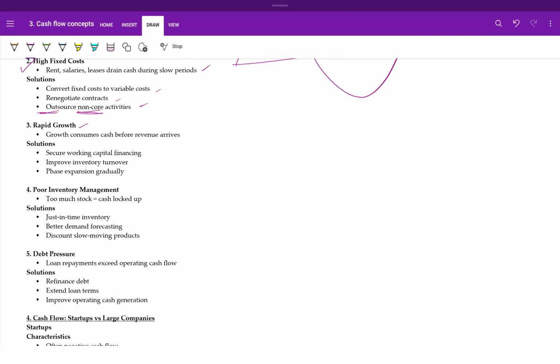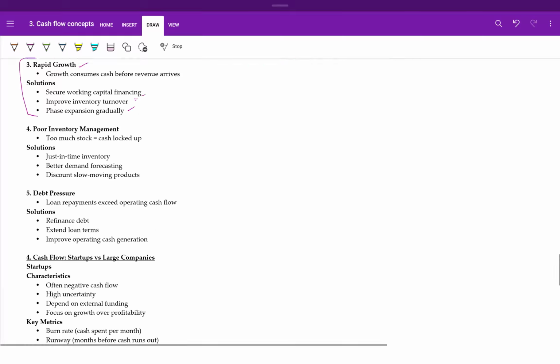And the solution here is to secure working capital financing, improve inventory turnover, and phase expansion gradually. So this means that growth must be planned, not rushed. And rapid growth actually causes cash problems in businesses.